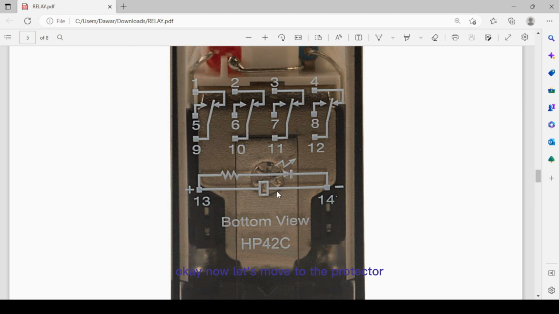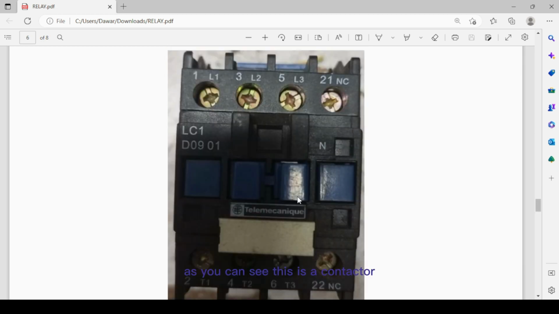Okay, now let's move to the contactor. Here you can see this is a contactor. This contactor basically has an AC coil. To energize a contactor we need AC only.